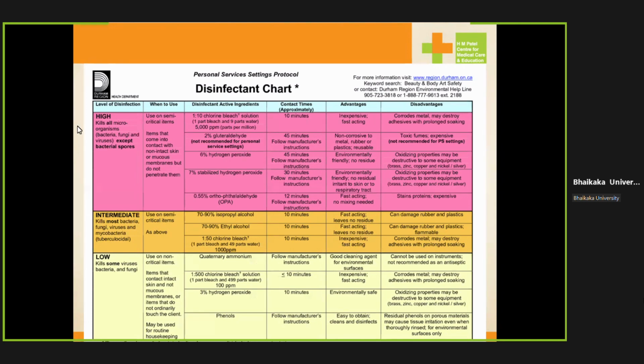Also, there are examples under high level disinfectants like glutaraldehyde and hydrogen peroxide, and the concentrations at which they are supposed to be used. The third column describes the contact time, for how long your surfaces should be in contact with these disinfectants, and the advantages and disadvantages of each one. As I said, most of these things will be covered in the subsequent lecture. If you have any queries, you can definitely ask when you come offline.